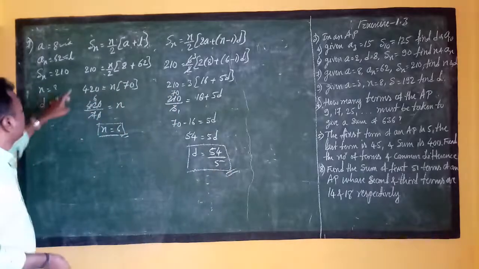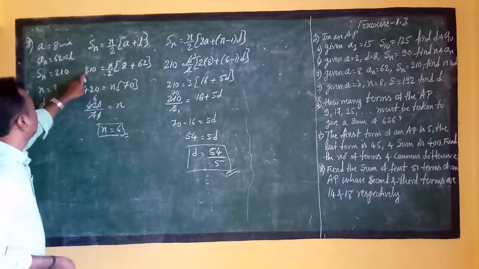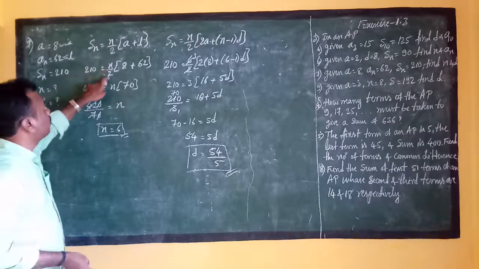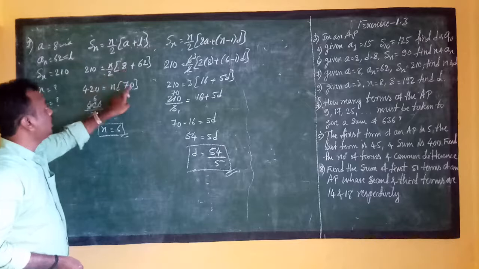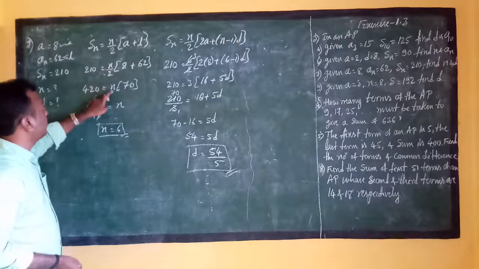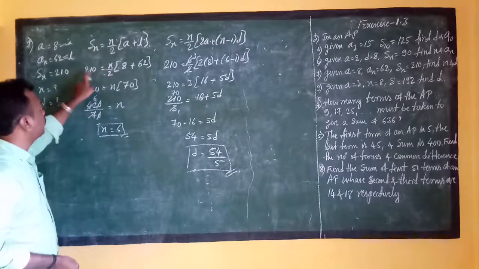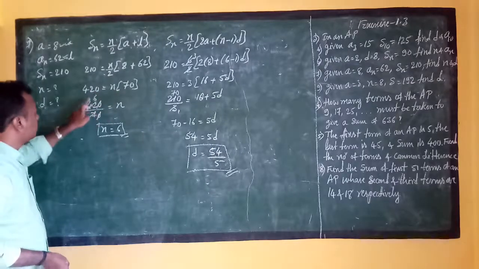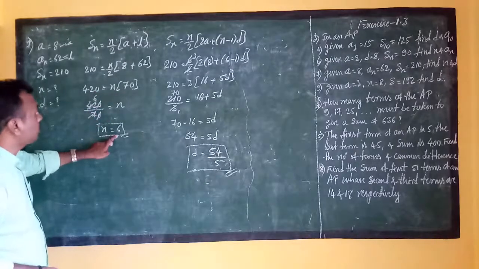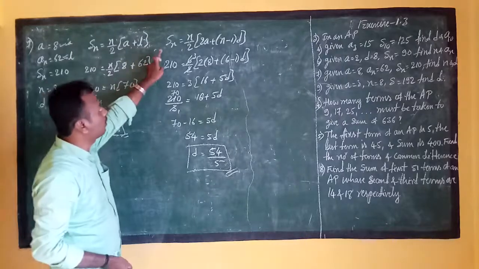So here first, Sn is given as 210. n by 2 into (a, which is 8, plus 62). 62 plus 8 is 70, and n you have to write as 210 into 2, which is 420. So 0 cancels, 7 6s are 42, therefore n is equal to 6. This value we have to substitute here.